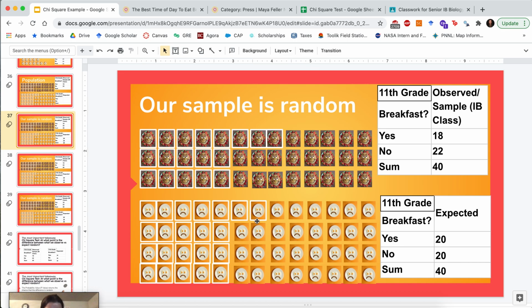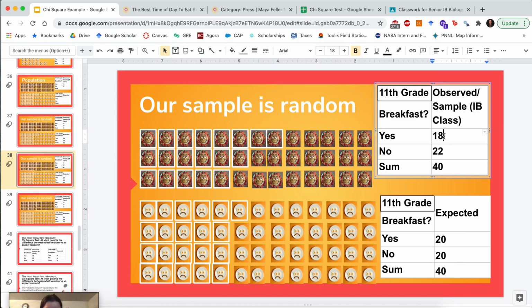Because our sample is random, we could have chosen anything. We had picked this plate instead. That would now make our yeses 19 and our nos just 21.